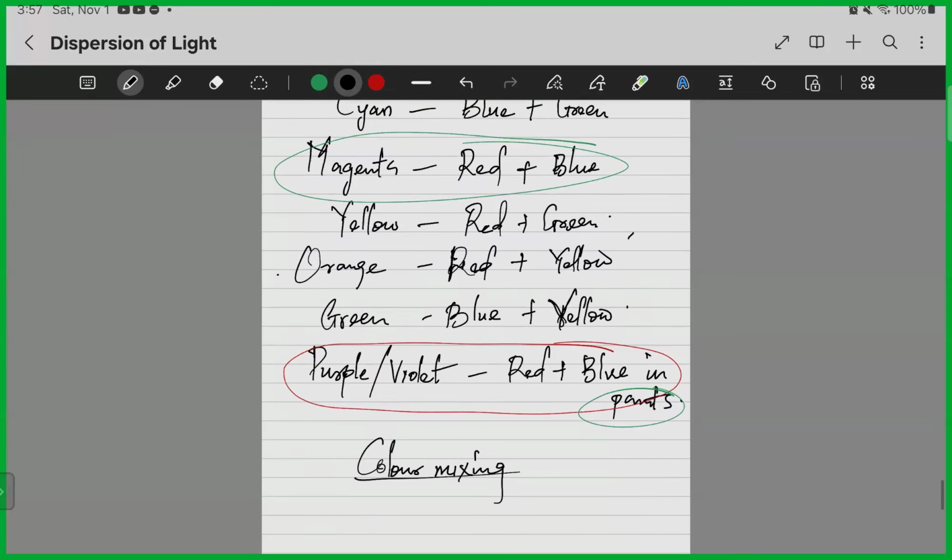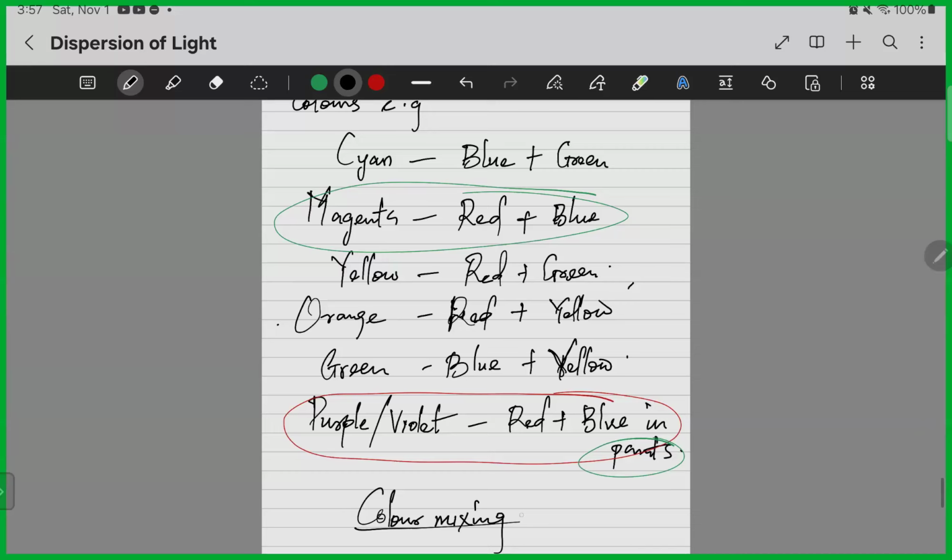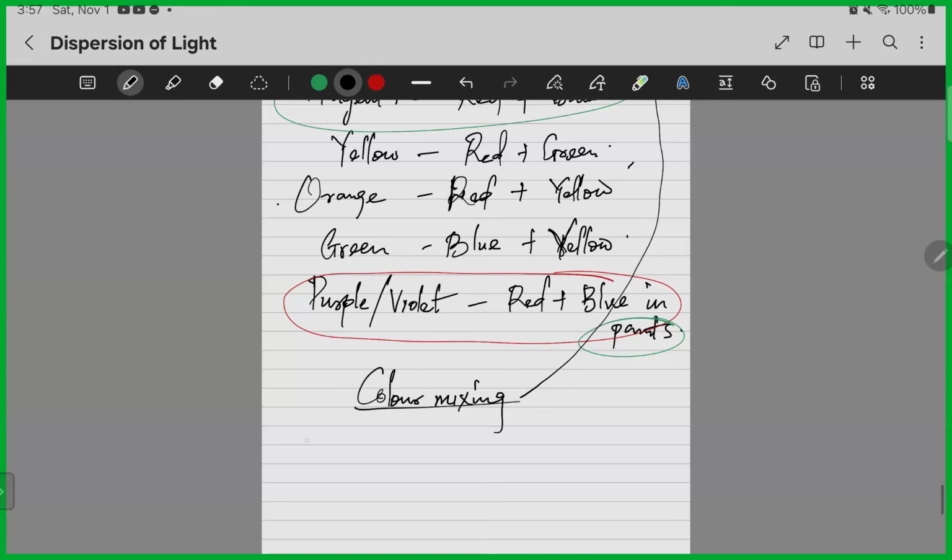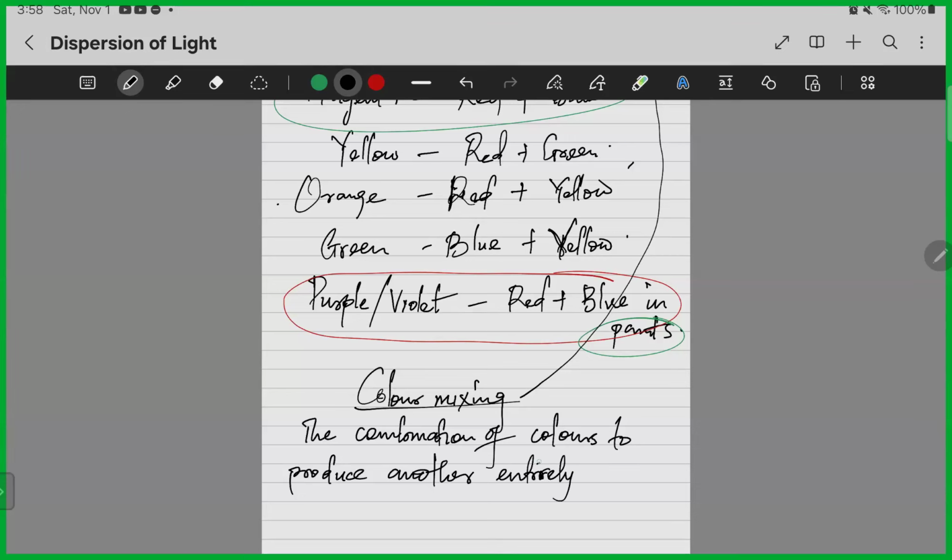And that's what we just did right here. So this kind of color mixing we did here is the combination of colors to produce another entirely different color.